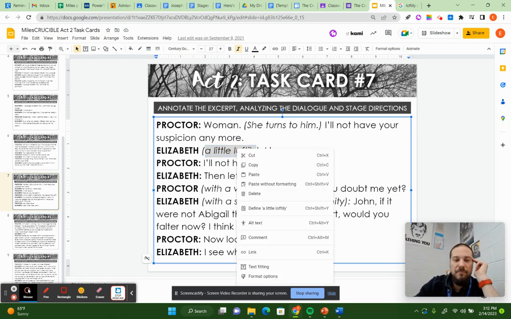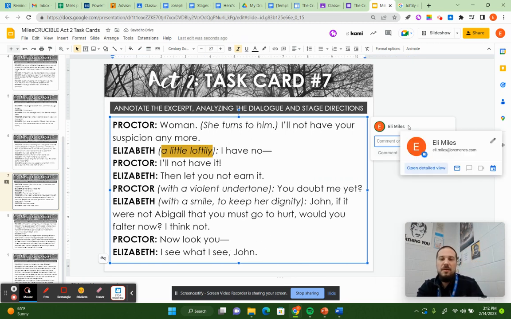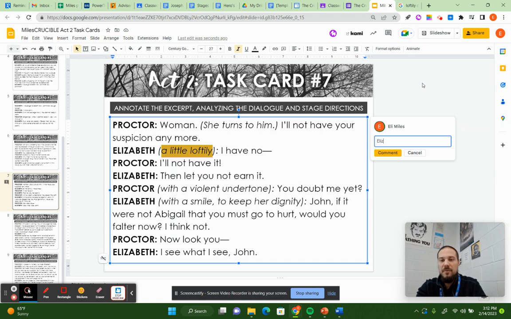If we right click, go to comment, the little bubble will appear on the right here, and then you can say something to the effect of, "Elizabeth speaks loftily, which implies that she believes that she still has moral high ground over John, who still feels like he has not been forgiven."